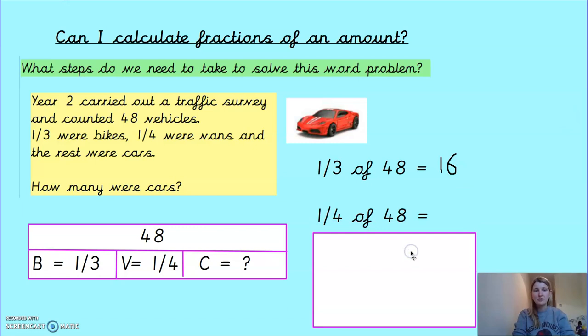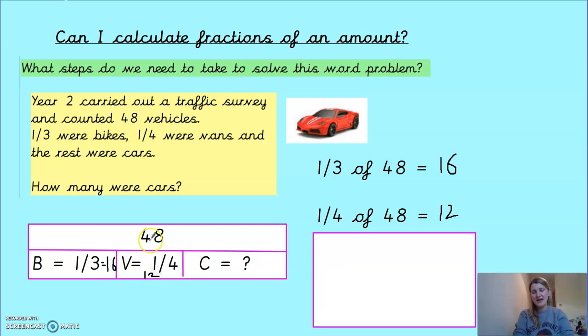Next thing to do is a quarter of 48. Did you do that? Maybe you can have a go before I give the answer. Okay, again, I just need to do 48 divided by 4, and that's going to give me 12. So if I add that information here, I have to do it teeny tiny. So 16 and 12.